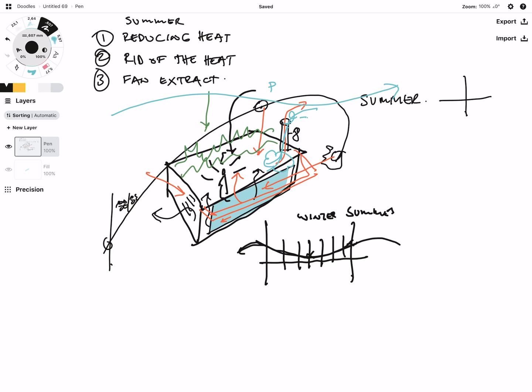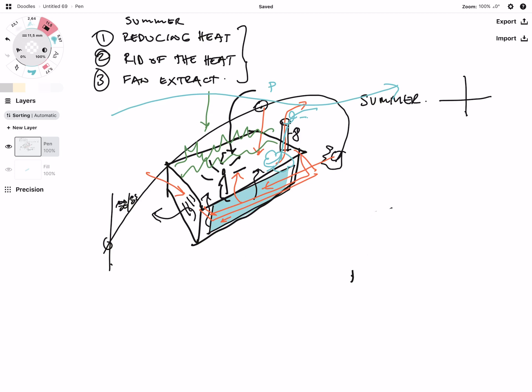So these three combinations would help you reduce the heat and create better comfort. So what happens in winter?